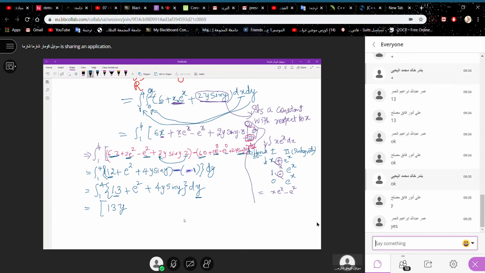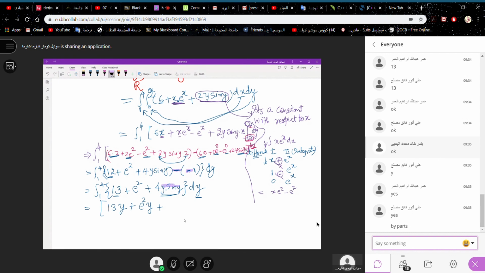Plus e square y. And here, how you will integrate this? This is y sin y. This is the product of two functions.